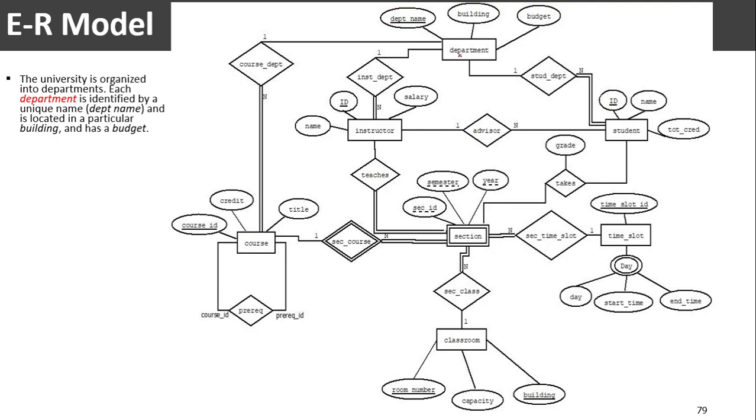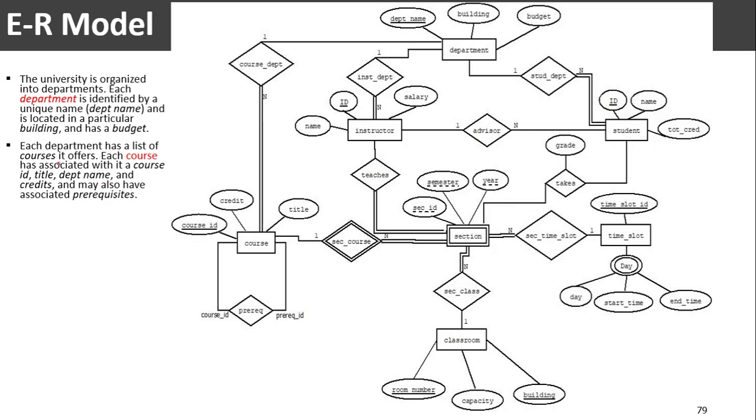Okay. Now in the next statement it is mentioned that each department has a list of courses it offers. So department is offering courses. Each course has associated with it a course ID, title, department name and credits, and may also have associated prerequisites. So lots of information is being provided in this statement.